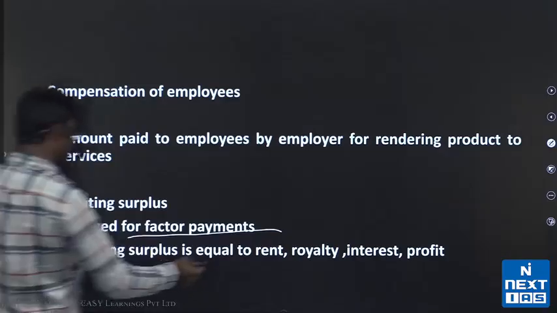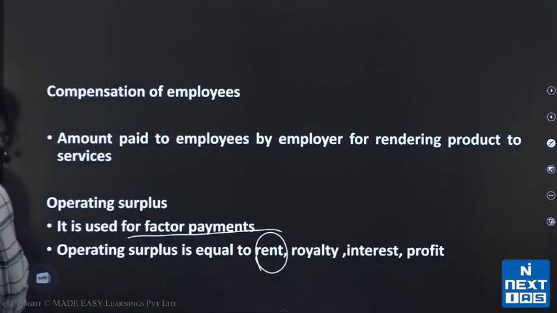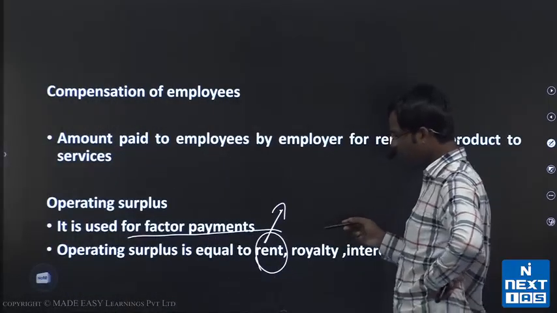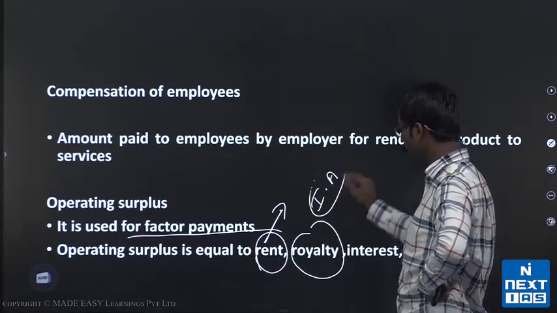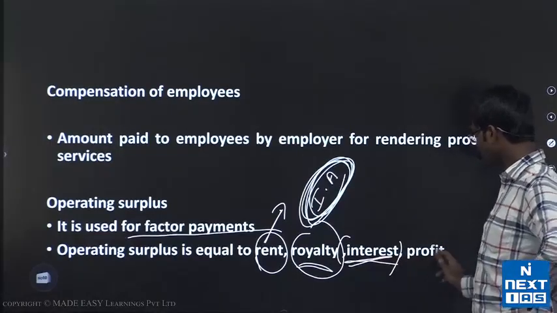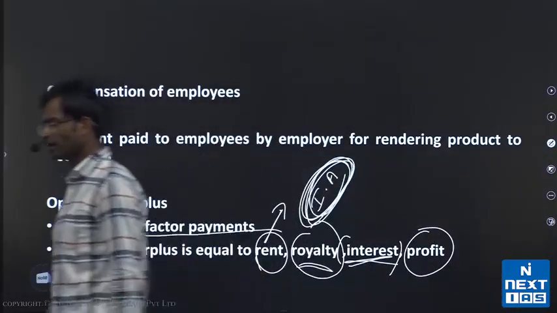Example: rent, in brackets write visible, and royalty. Rent is for visible assets like buildings and mineral resources. Royalty is for intangible assets like intellectual property rights, patents, copyrights. Then interest, capital cost plus profit margin. So OS is used for factor payments.